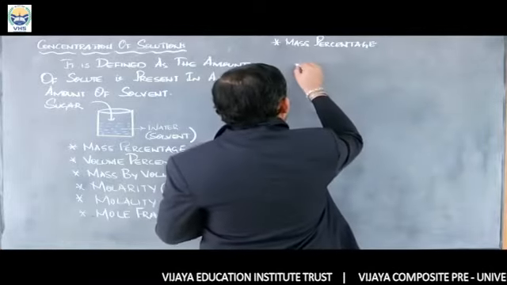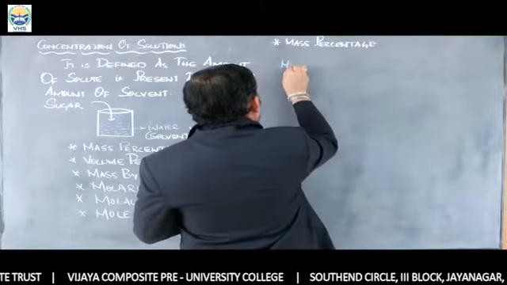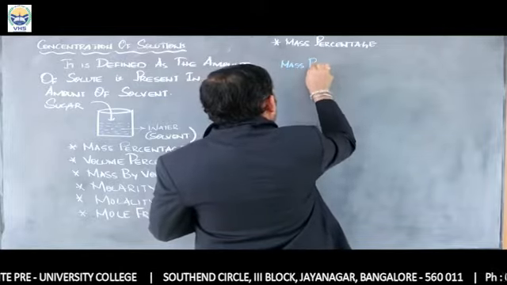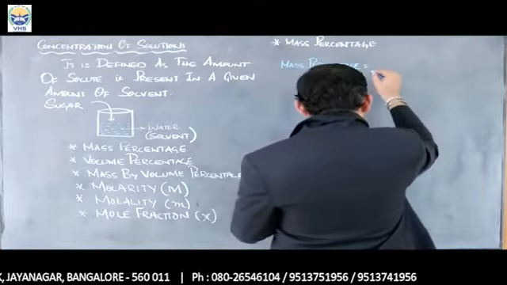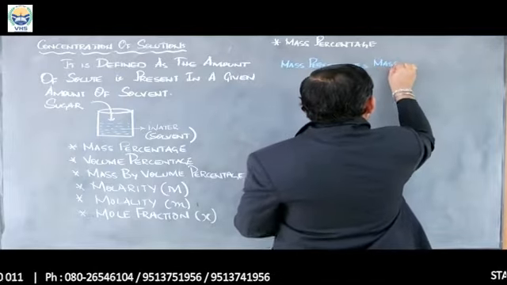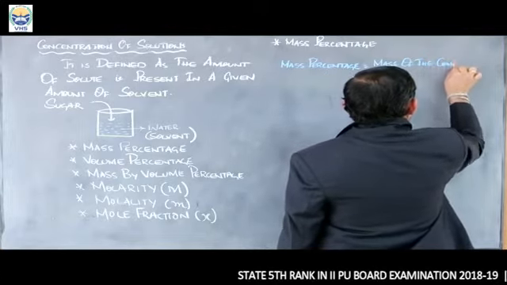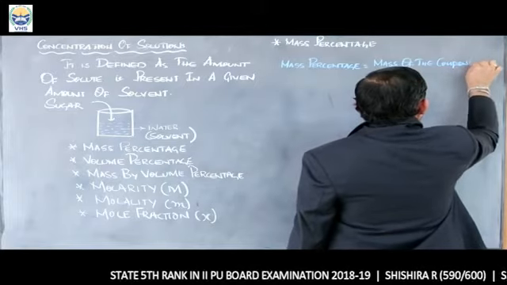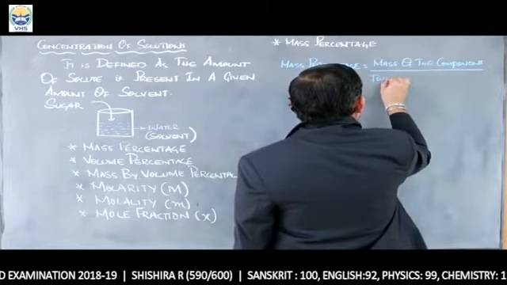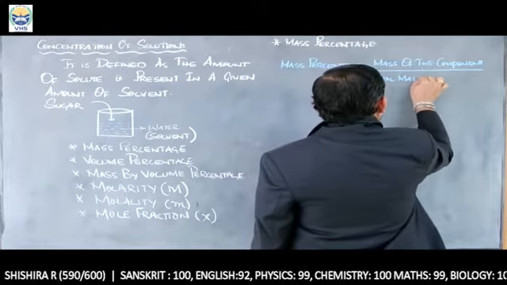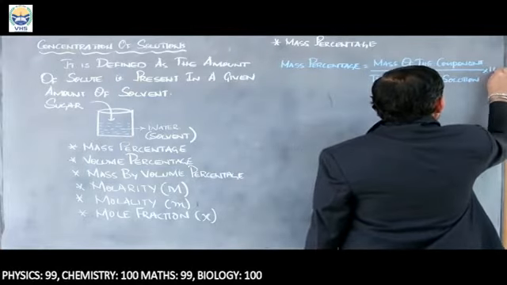So mass percentage is given by: mass percentage is equal to mass of the component divided by total mass of the solution into 100.